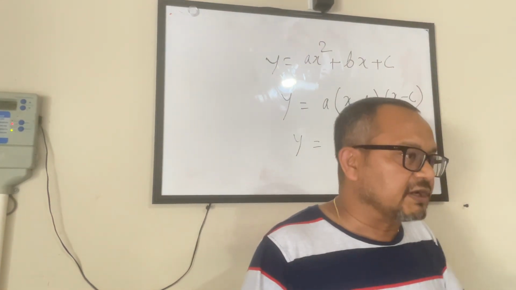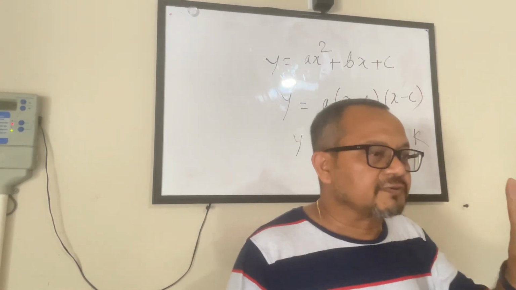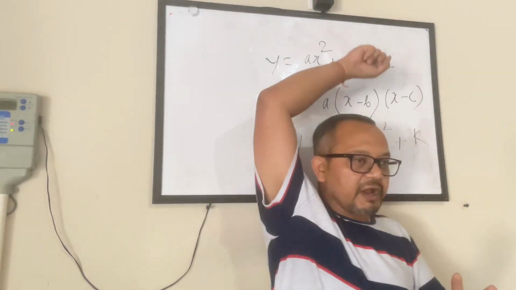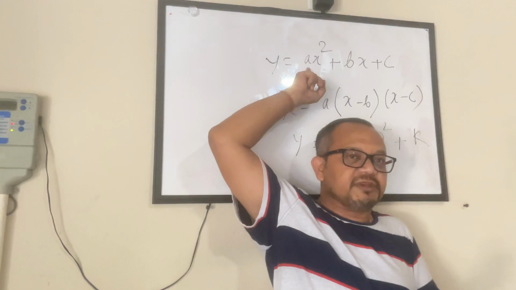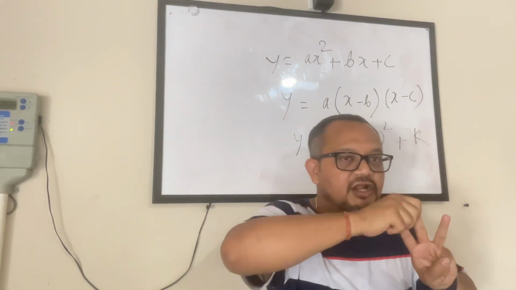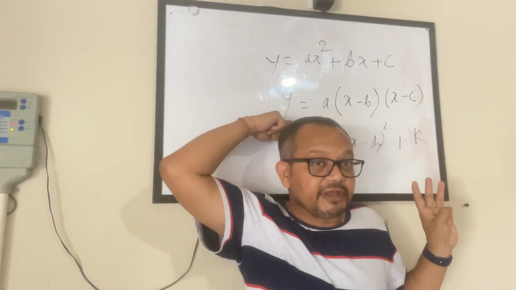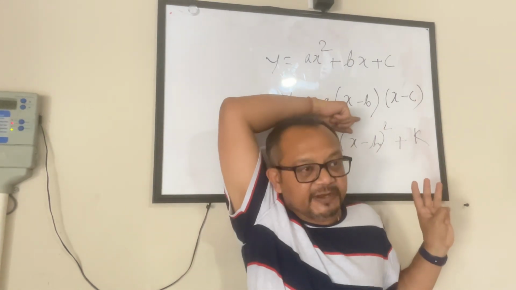Any confusion, any doubt? There are three types of quadratic equation that we talked about. One is called standard form, y equals ax squared plus bx plus c. Second is called the factored form, which is y equals a into x minus b into x minus c.